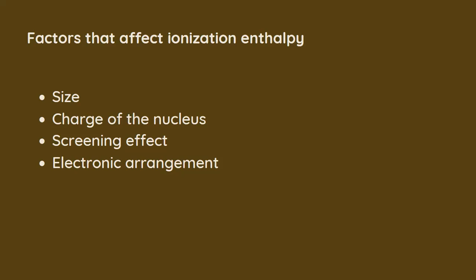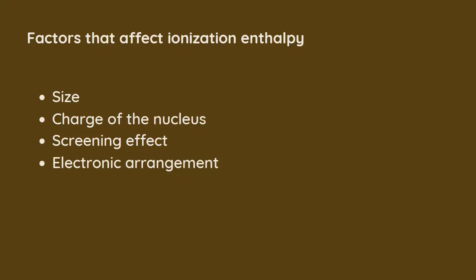The bigger the atom is, the farther the electron will be from the nucleus. The valence electron, that is the outermost electron, right? So it will be easier to remove that electron, thereby the ionization enthalpy will be low. So the ionization enthalpy will decrease with increase in size of the atom, or it will increase with decrease in size.